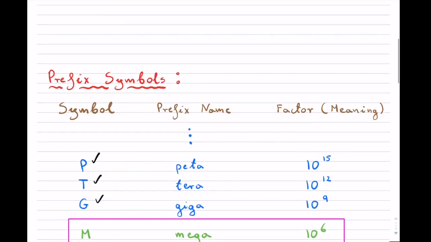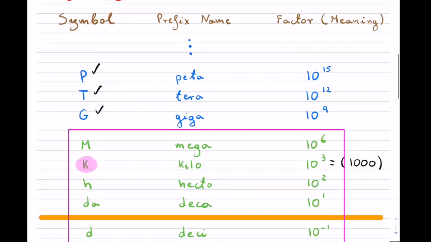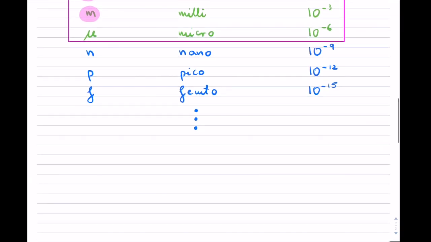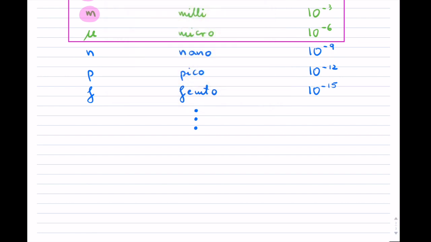Now, the next item on the agenda is kind of the base units that we have. Now, I will define a unit which is a base, maybe a little bit different than the standard definition. But for this purpose of the video, I will simply refer to a base as one of the metric units that does not have a prefix.